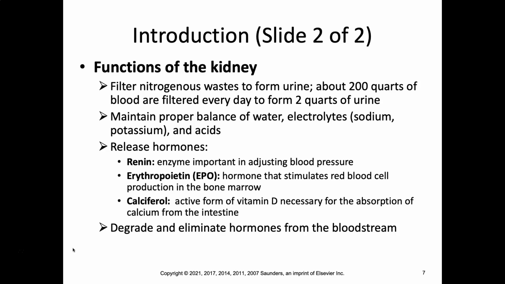You'll often hear about people with osteoporosis who need to take vitamin D. The reason for that is that this vitamin D works to absorb the calcium and put it back into the bones. And then your kidneys also degrade and eliminate hormones from the bloodstream that need to be eliminated.